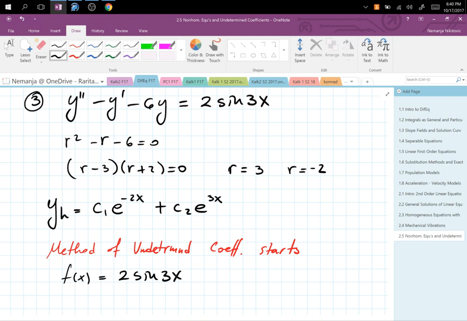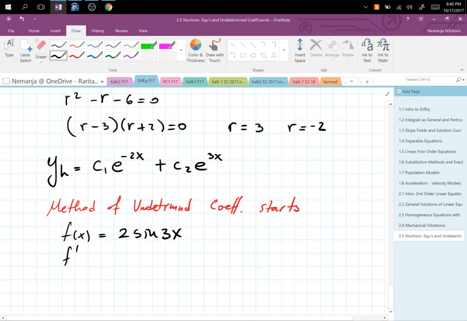I got that far. Now you get to the first derivative. Sine 3x is cosine 3x times 3. So now I'm going to take a whole bunch of derivatives here.